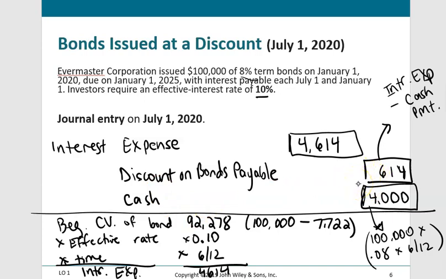So there are two ways we can get to the beginning carrying value for the December 31st entry. We can take the beginning carrying value of 92,278 and add the discount amortization, or we can look at this as the 100,000 face value less the balance in the discount account once we've amortized the 614.